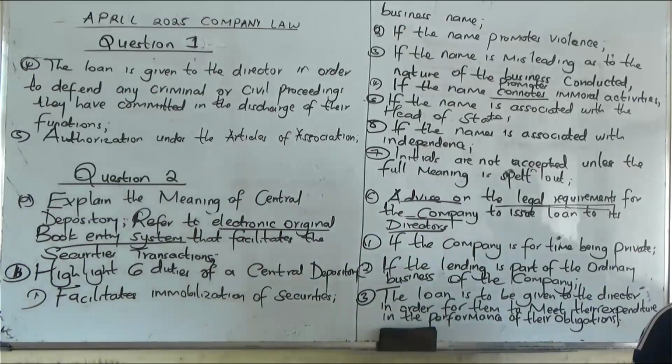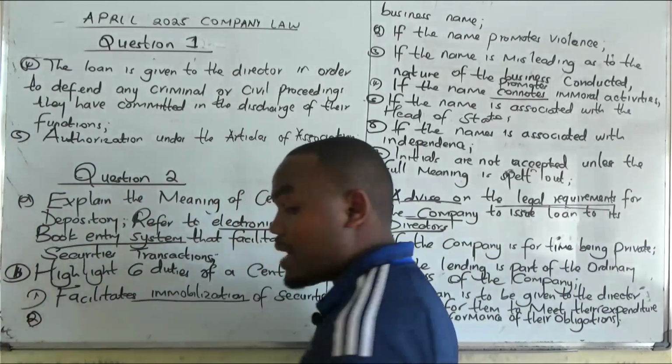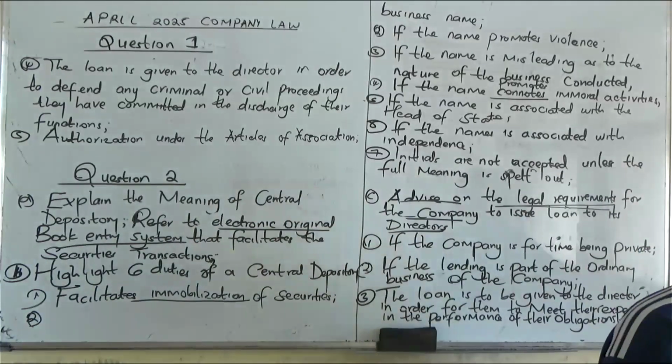Because if you want to trade and engage in buying of shares and so on, you must have opened what we call a CDS account. Immobilization is the placement of the physical share certificates in one central location to facilitate the electronic trading of securities.